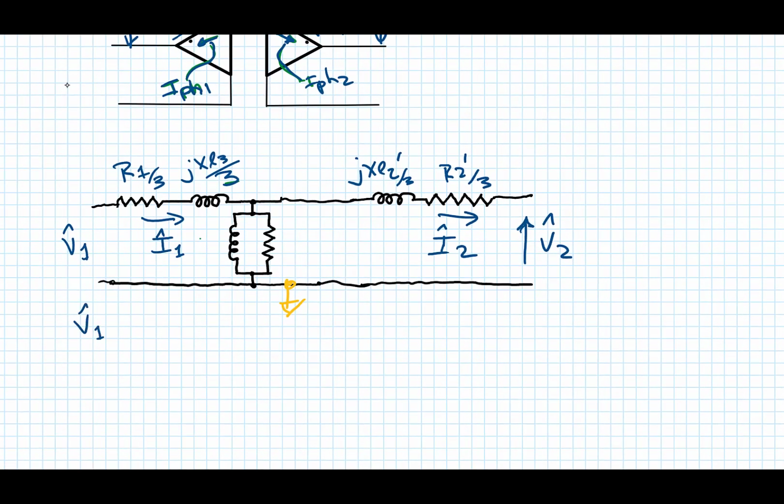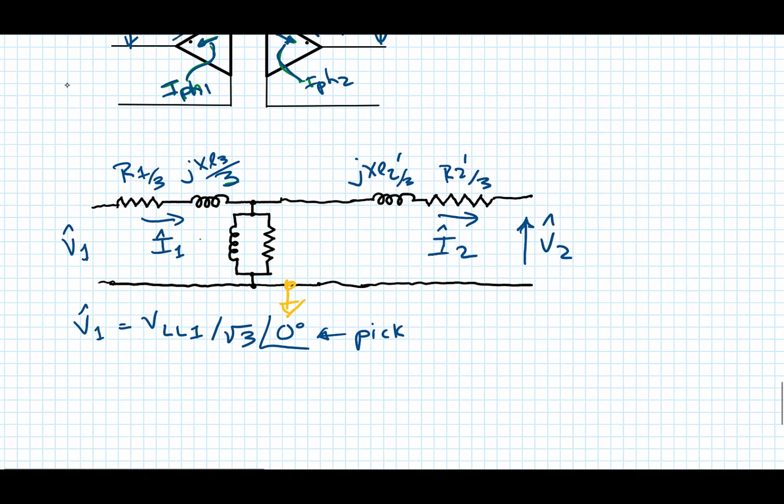V1 is equal to V line to line 1 divided by square root of 3, whatever the angle is there, depending. Let's say we could define that as the reference. We just picked that. Or V2 equals V line to line 2 divided by square root of 3.